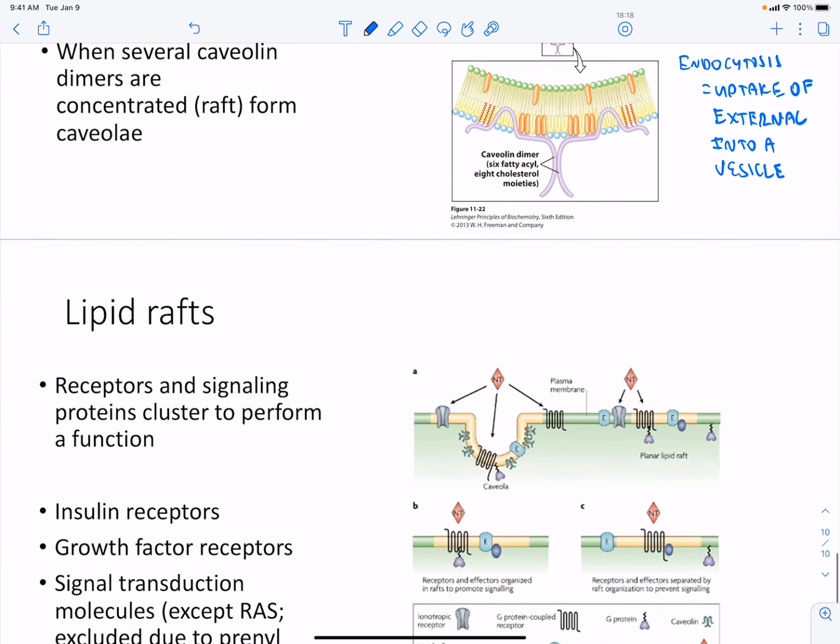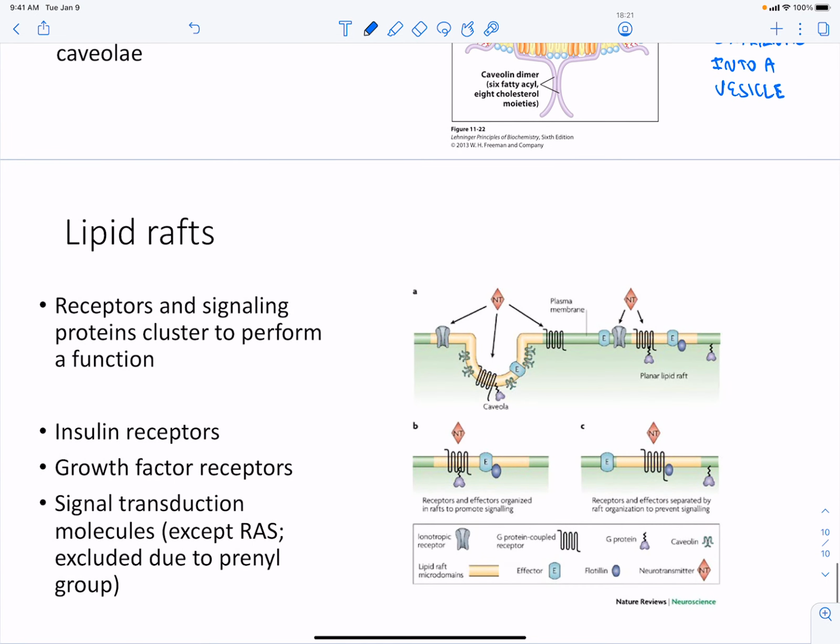Now, lipid rafts are where you're going to have clusters of signaling molecules. So you can see here we have what's called a G protein receptor.